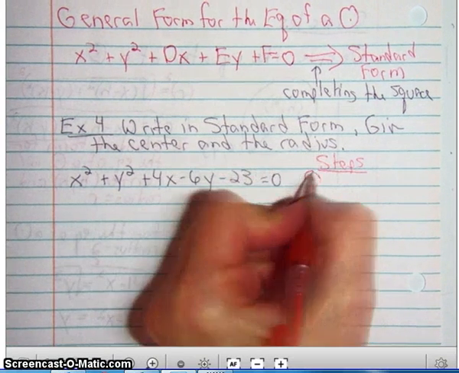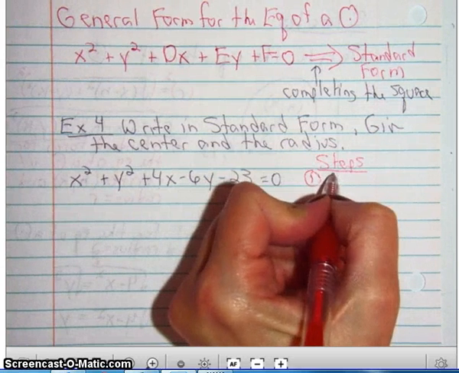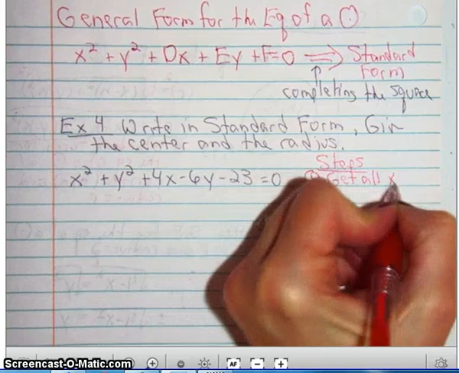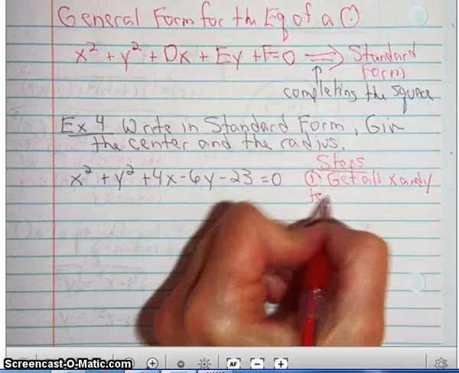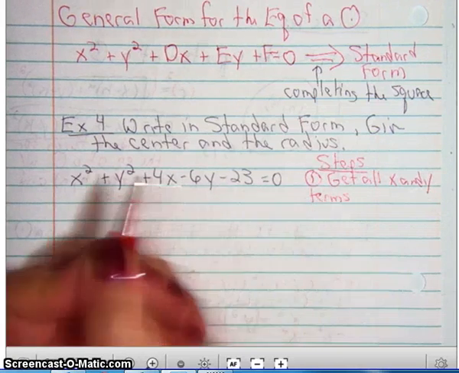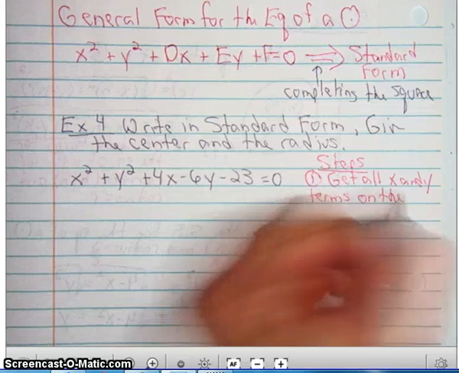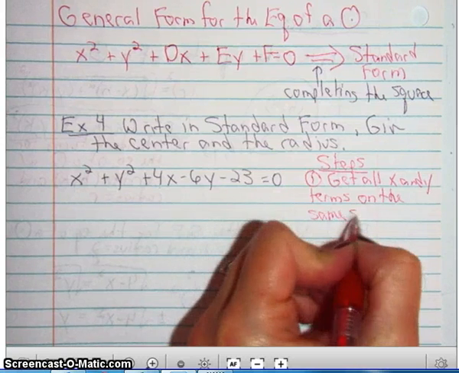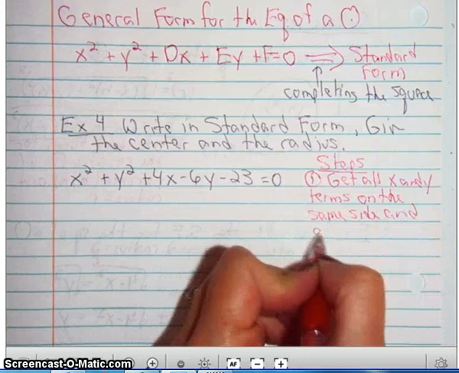Step number 1: get all x and y terms on the same side and group them.